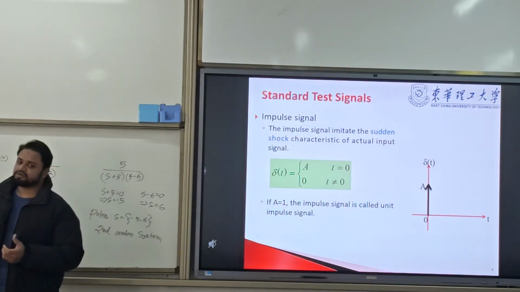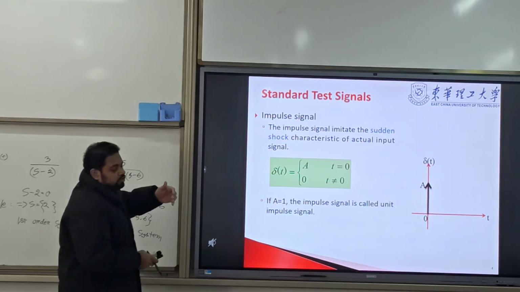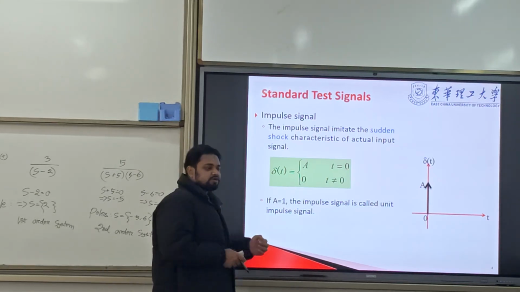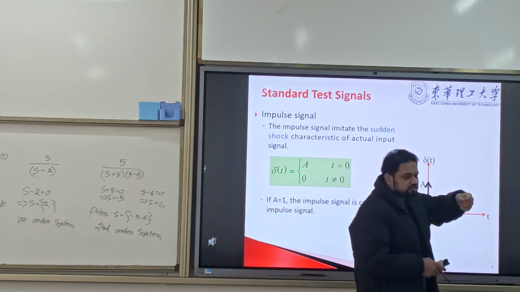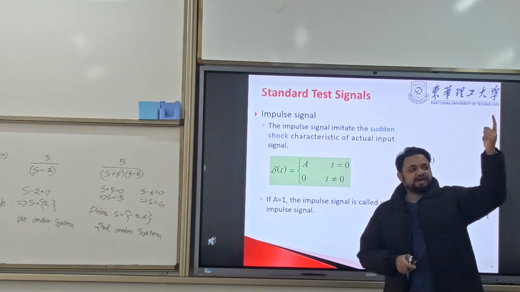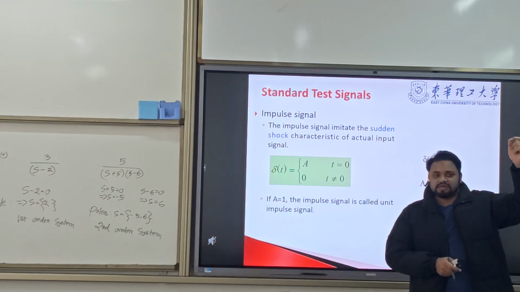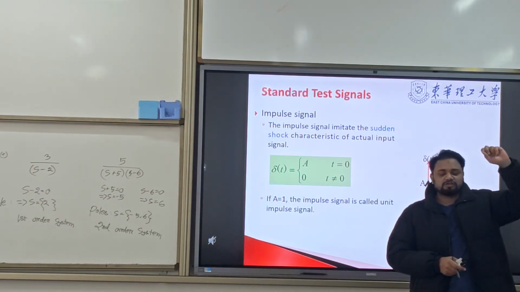Impulse signal, I already told you, is a sudden shock. In electrical engineering, we call it transient. Suddenly there is a fluctuation, like this light is lit now, suddenly turn off and on. That is called transient.